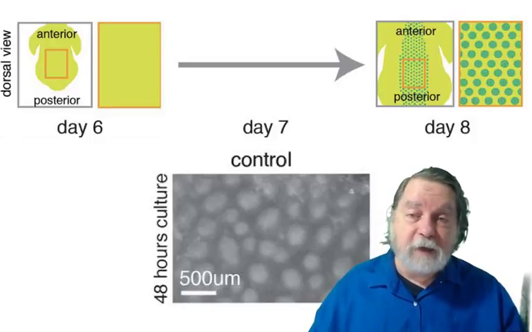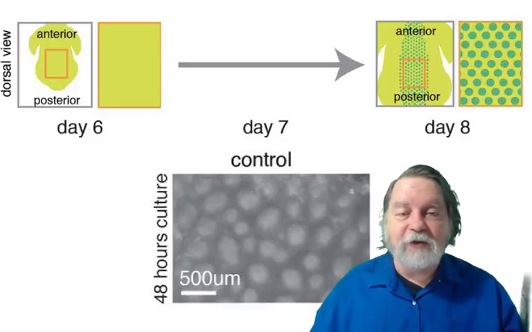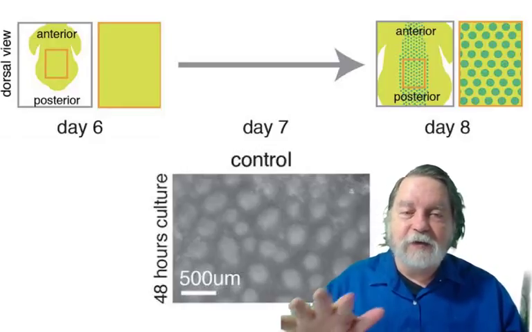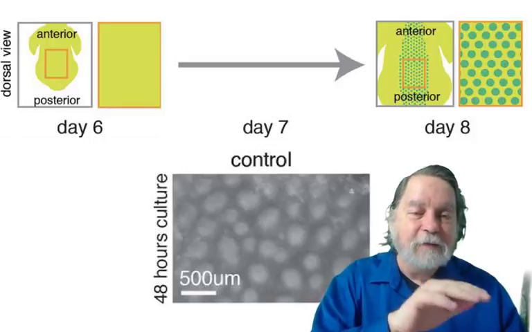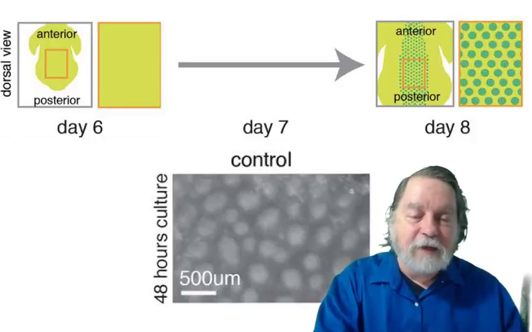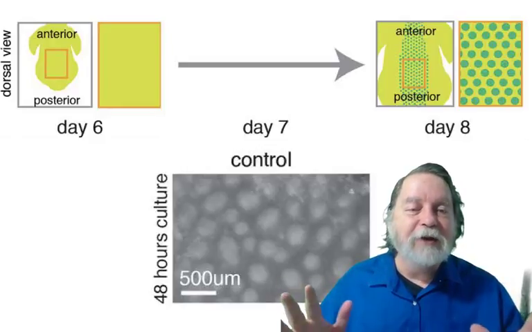But they looked carefully at it, and what they discovered is that no, that's not the way it works. There's no pre-pattern. You go from the smooth skin to simultaneously having beta-catenin expressed and the follicles starting to form. So timing-wise, it doesn't work very well.